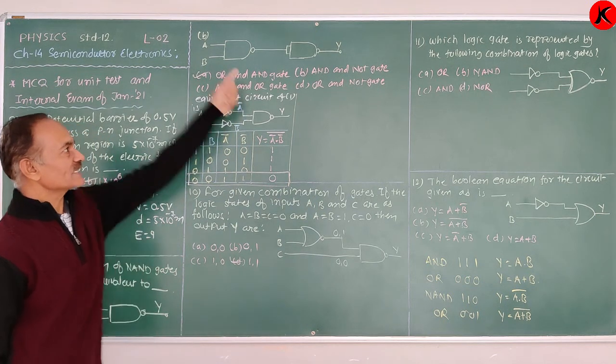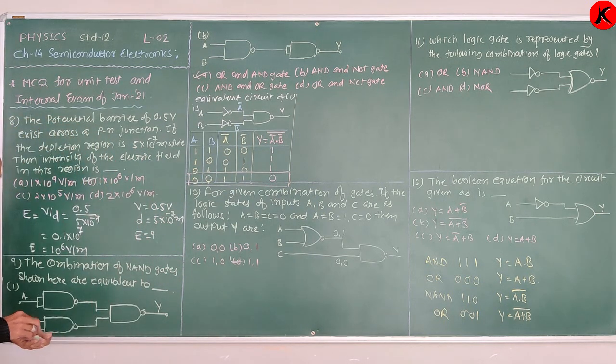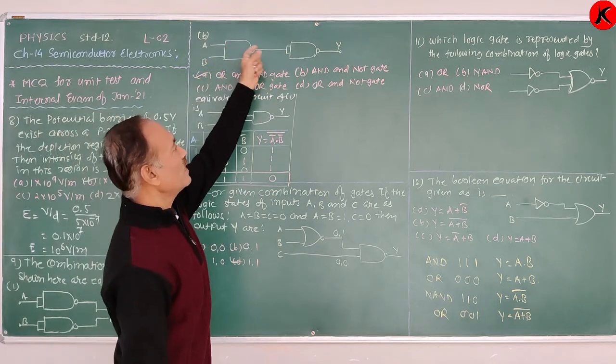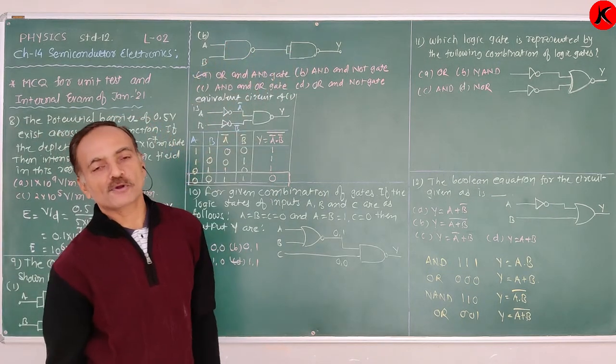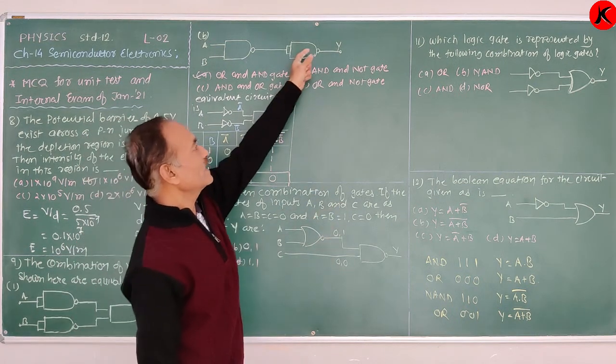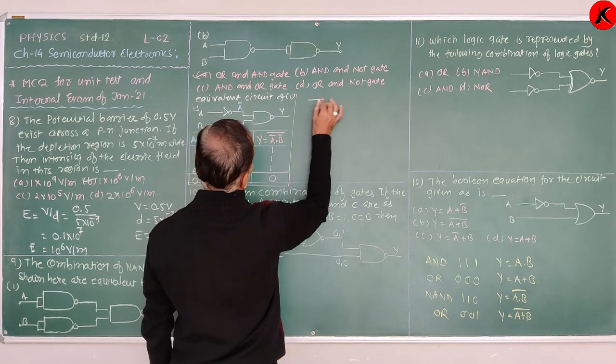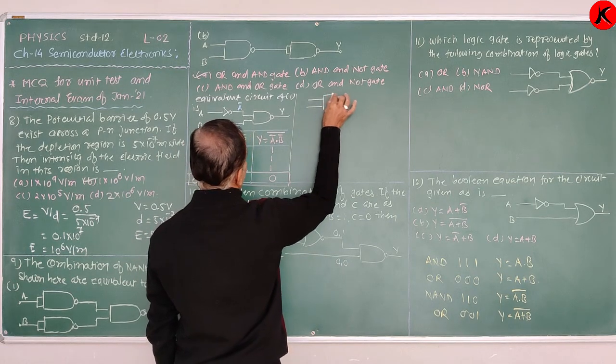Now, the second circuit. In the second circuit, the first NAND gate is as it is. The output of the first NAND gate is given as the input of the other NAND gate. So the second NAND gate acts as a NOT gate.